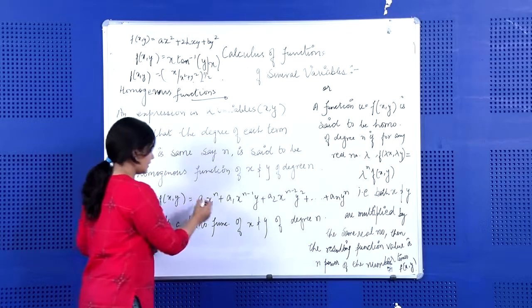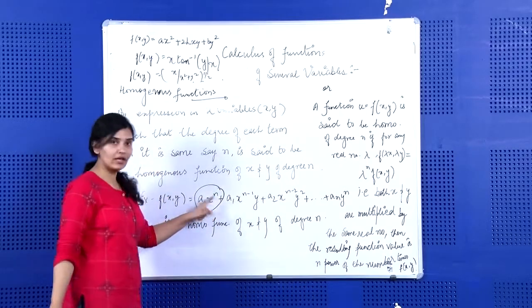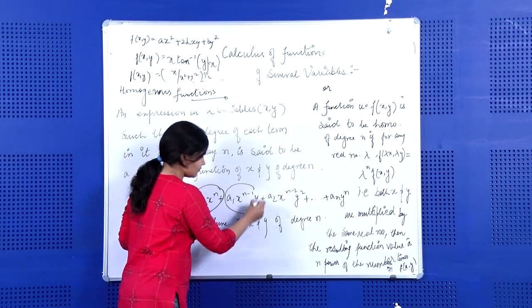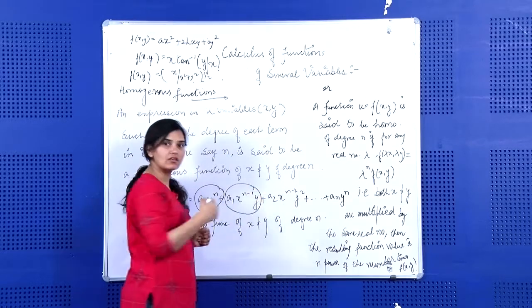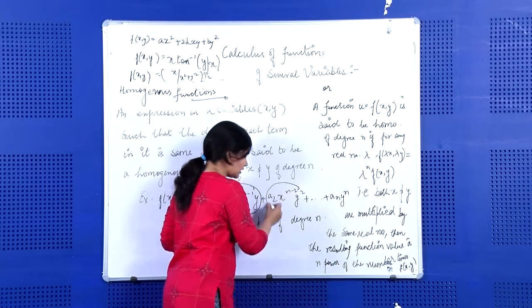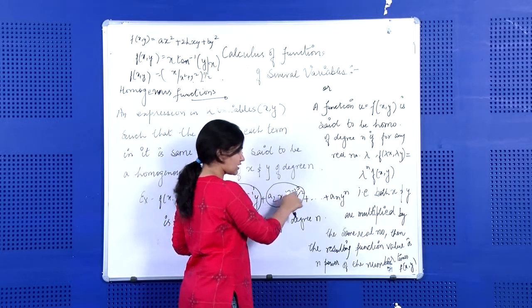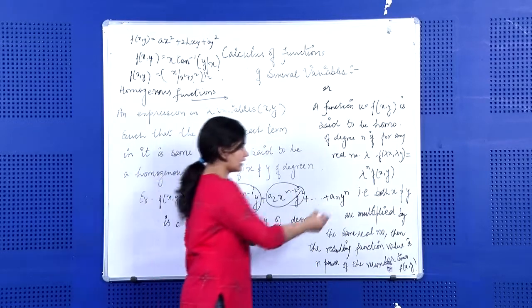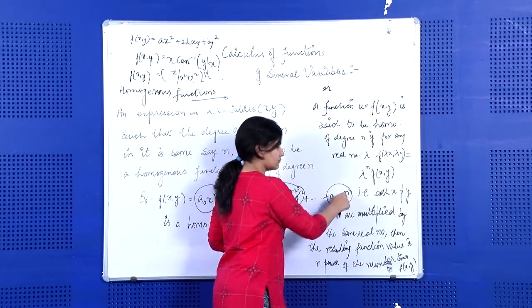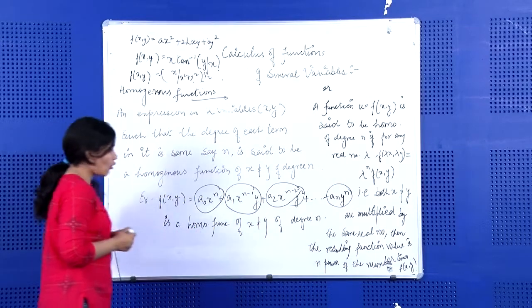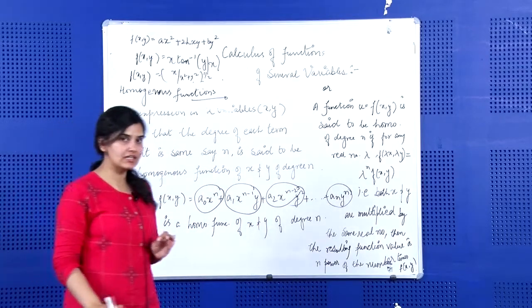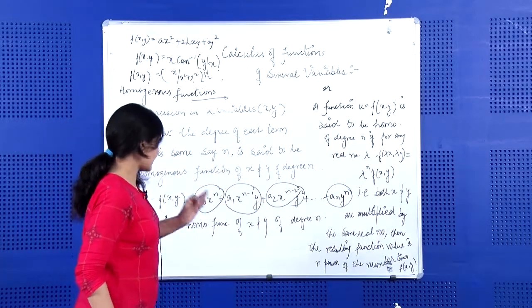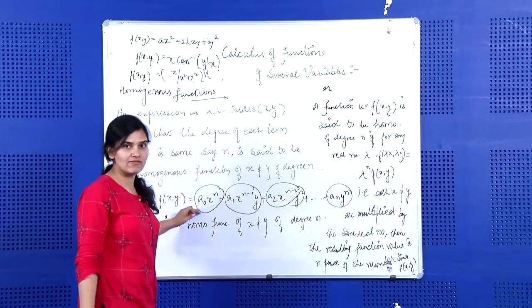Note, degree of first term is n, degree of second term is n minus 1 plus 1, again n, degree of third term n minus 2 plus 2, again n, degree of last term n. So, all the terms have the same degree n, so we can say it is a homogeneous function.